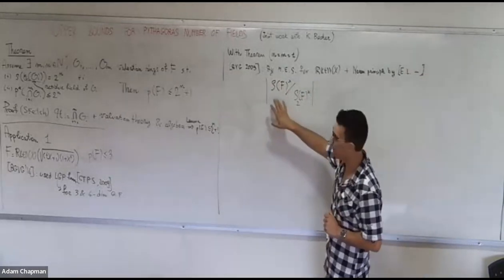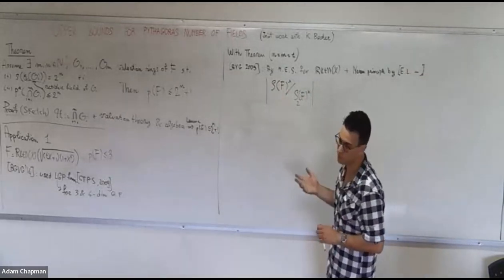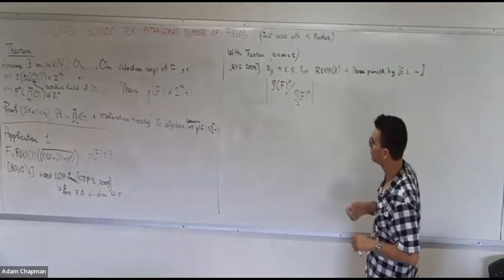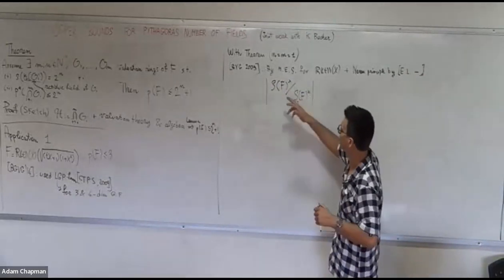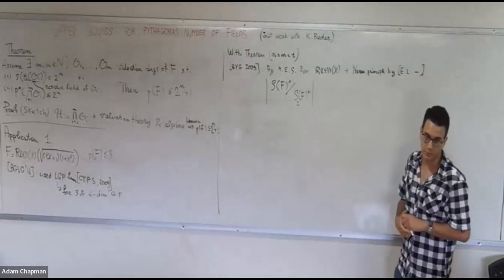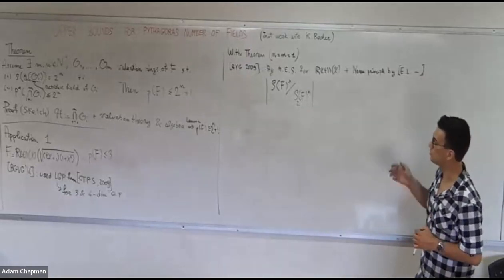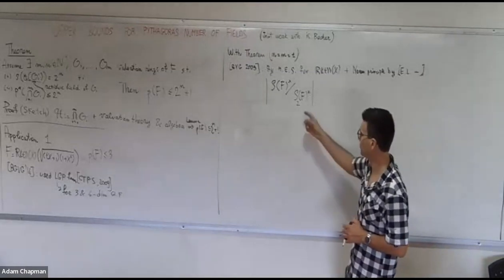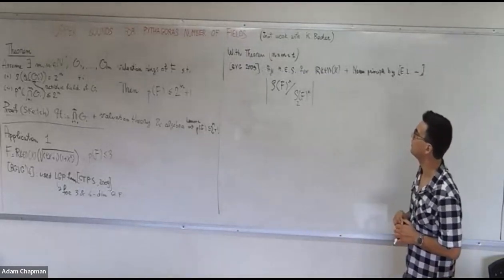So maybe I didn't mention, but the sums of squares are a multiplicative subgroup of the field, the non-zero sums of squares. And so it is for all sums of 2 to the n squares, in particular for the sums of 2 squares.